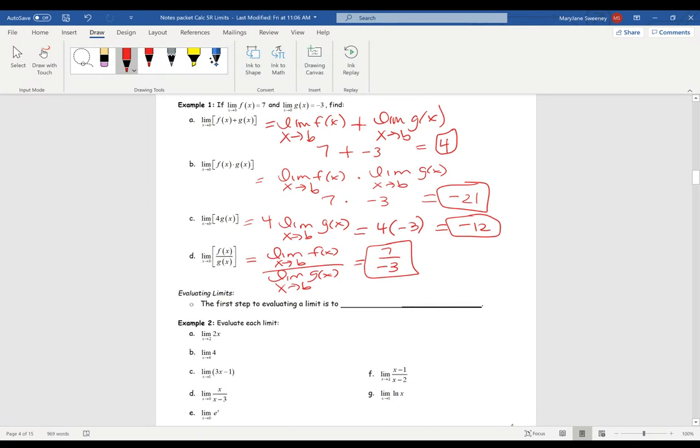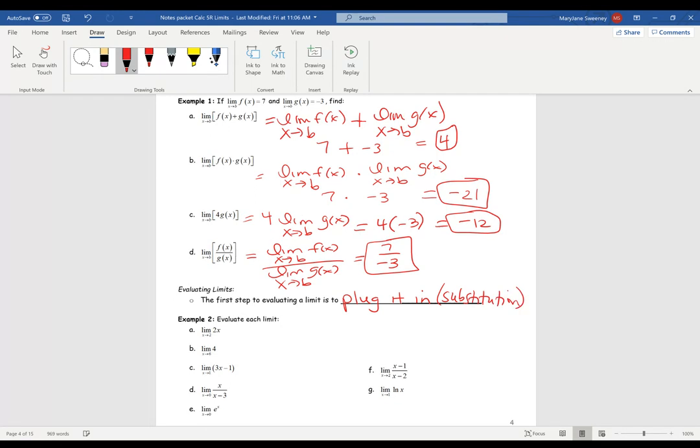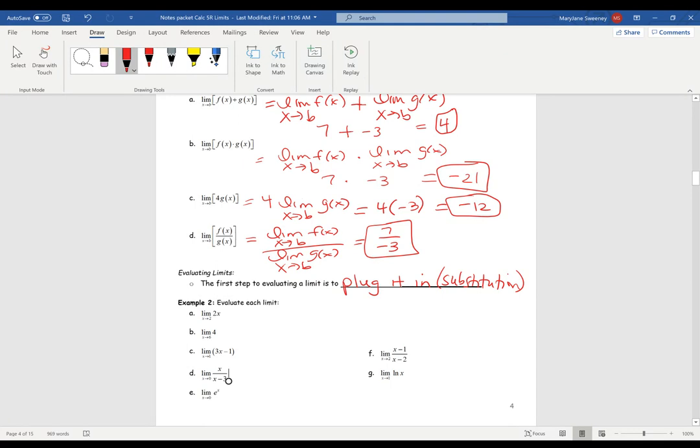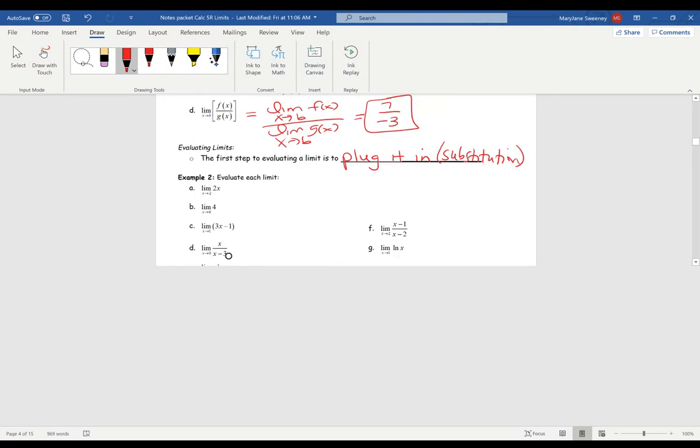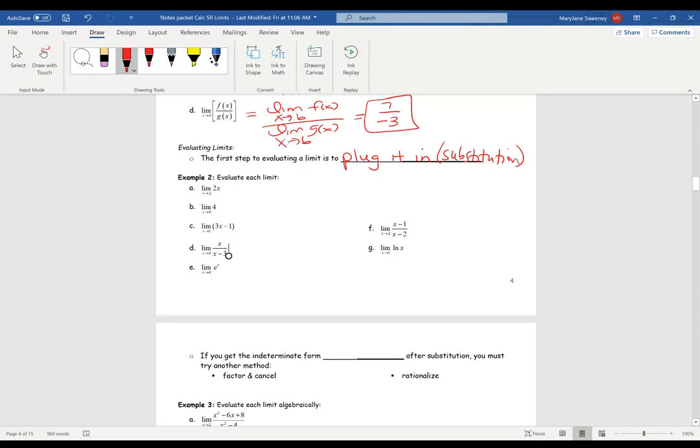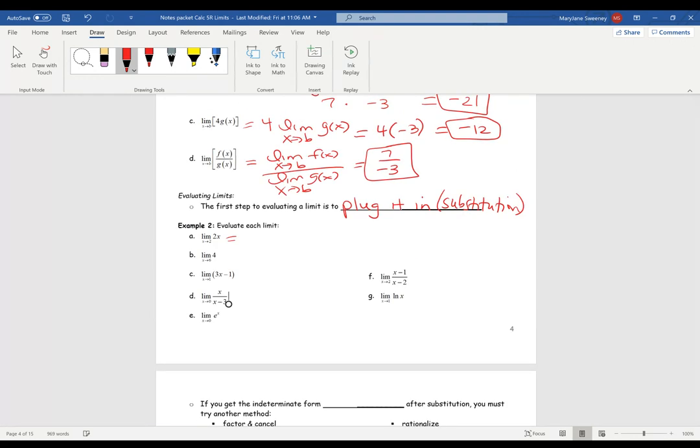First step to evaluating a limit is always to plug it in, or substitution. So, if I'm doing the limit as x approaches 2 of 2x, I'm just going to plug in x is 2.